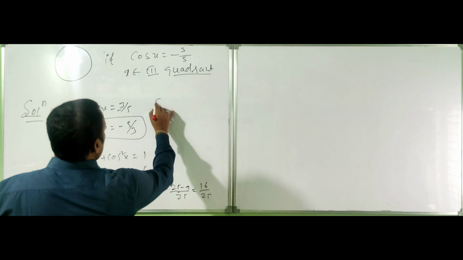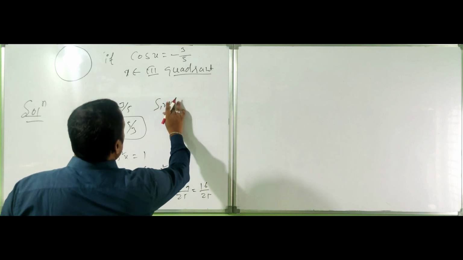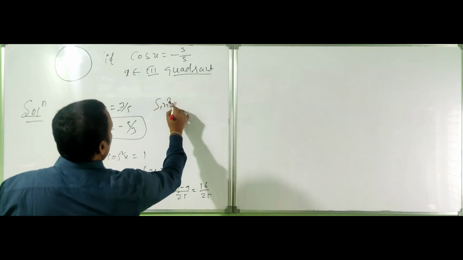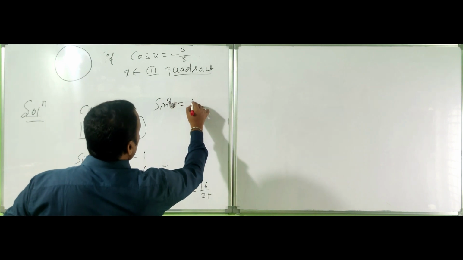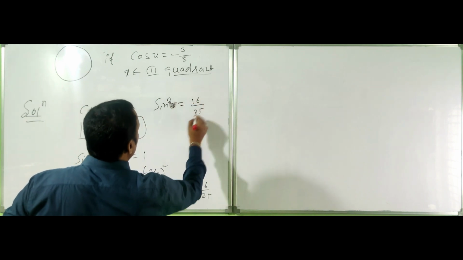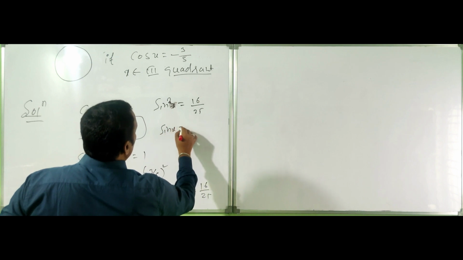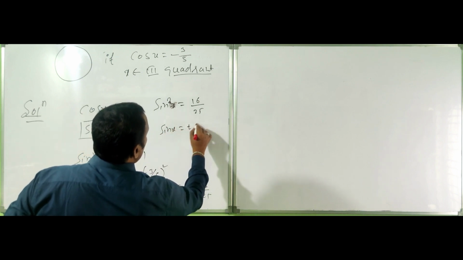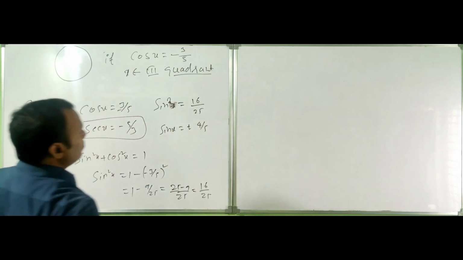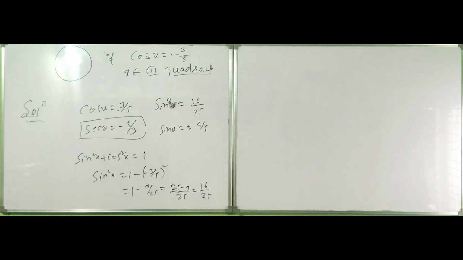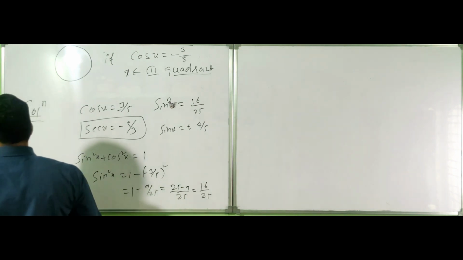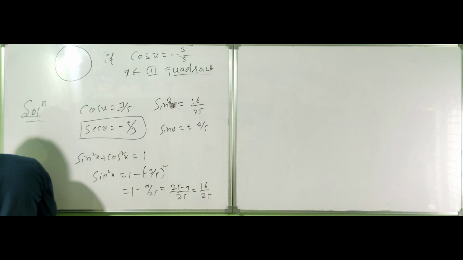Therefore sine square x is equal to 16 by 25, so sin x is equal to plus or minus 4 over 5.